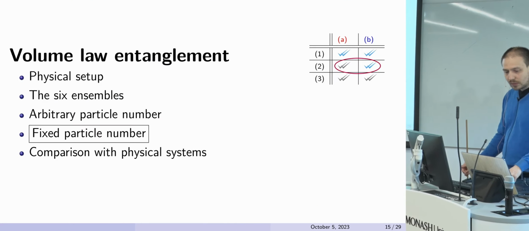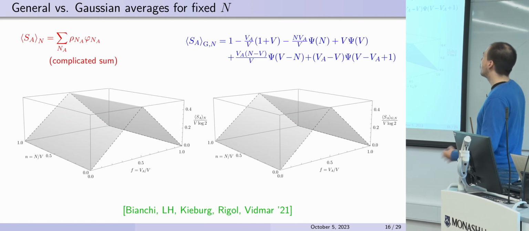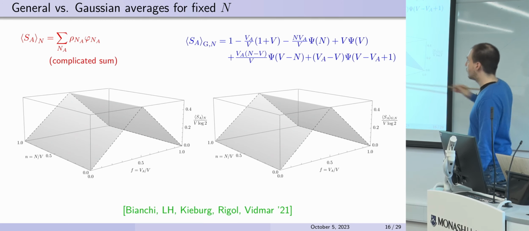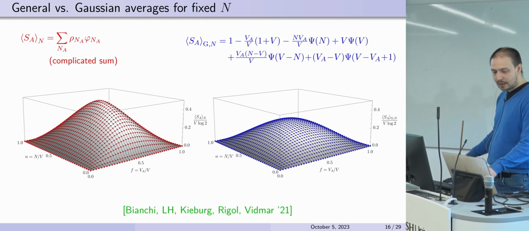For the general case, where there hasn't been so much progress and we still don't have a closed analytical formula, we are not sure if that can even be found, but we have a systematic way to extract the asymptotic expansion from such a complicated sum, while for the fermionic Gaussian states with fixed particle number, we have again a fully closed formula in terms of the digamma function, that now depends on V, the subsystem size V_A, and also the particle number conservation, no? Which here is the total particle number in this family of states. And we can look at what it looks like, how it behaves.